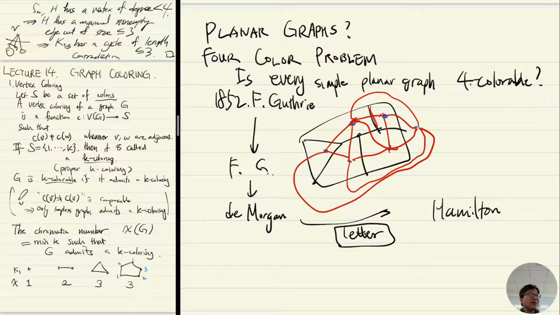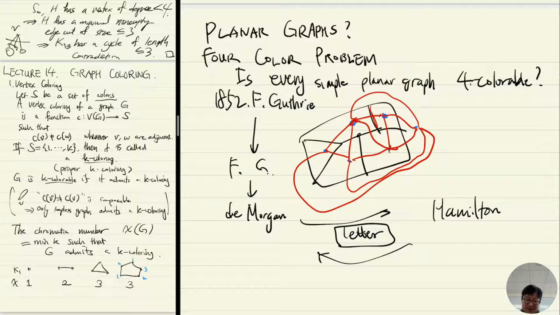The actual letter starts by saying that a student of mine asked me today to give him a reason for a fact which he did not know was a fact, and I do not know yet, something like that. So the letter started like this, and he drew the pictures. This is how we know the origin of the four-color problem. And of course, Hamilton replied to De Morgan a few days later.